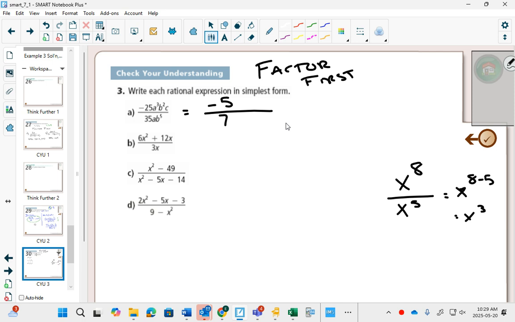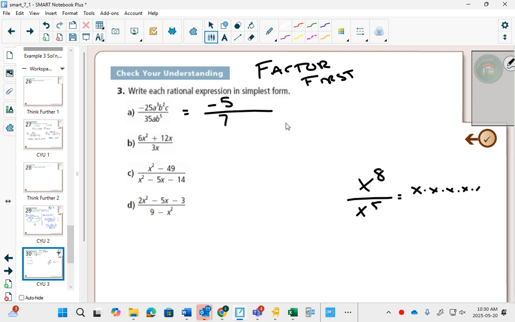You can use that exponent rule, or you can also just, and I think this is a really easy way to do it, visualize that if I had x to the 8 over x to the 5, this is like having repeated multiplication, 8 x's all multiplied together.